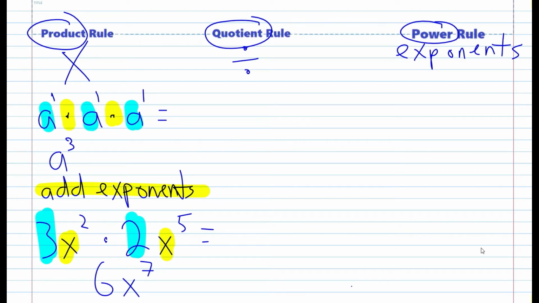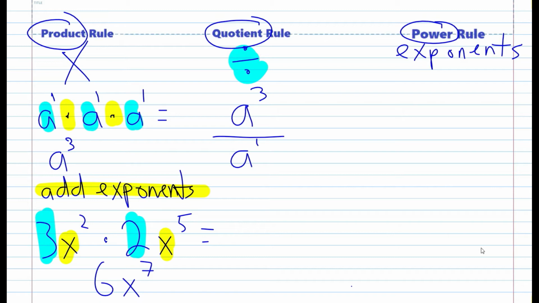Now let's jump to the quotient rule. So the quotient rule can be expressed a few different ways. They could use this symbol that I used right here, or they could use it as a fraction. So you're going to see them as fractions today, and we're going to do the same thing. If I say a to the third power over a to the first power, this is technically a division problem. There's a quotient here.